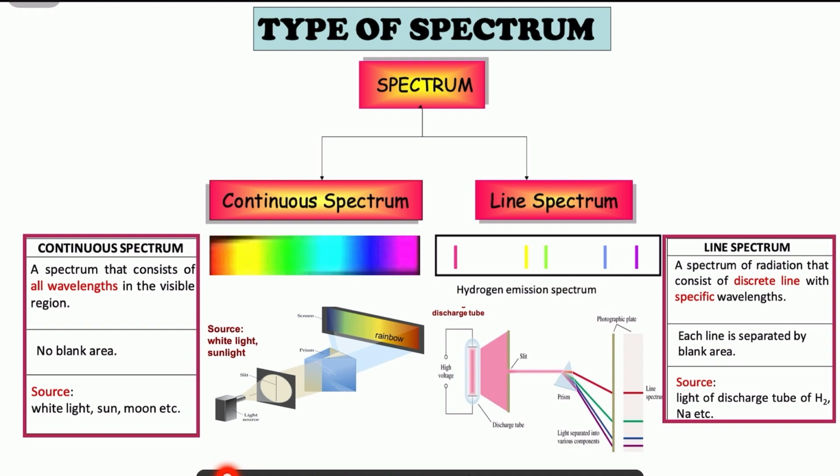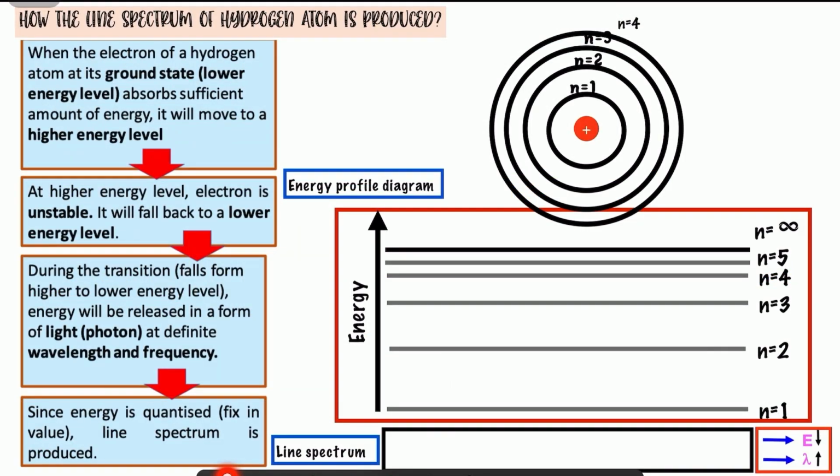The sources are the light of the discharge tube of the hydrogen, sodium, etc. These are the 2 types of the spectrum. Now let's see how the line spectrum of hydrogen atom is produced.